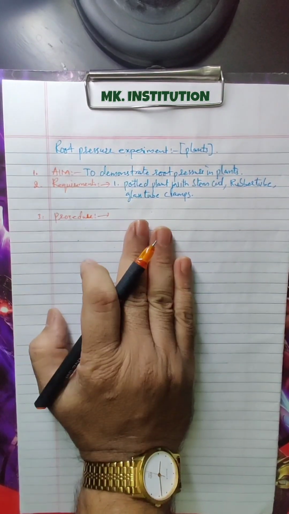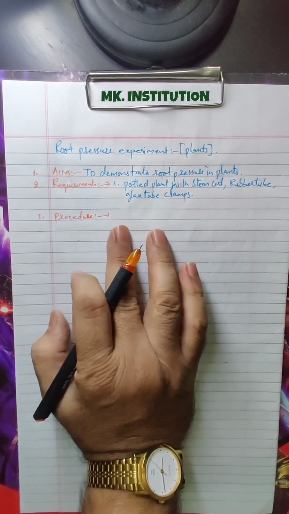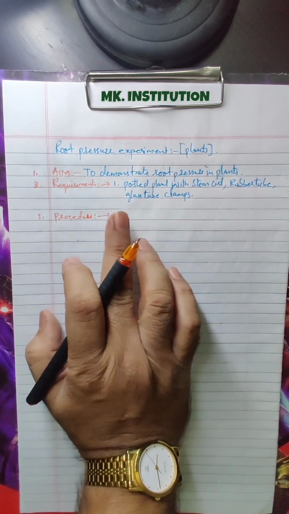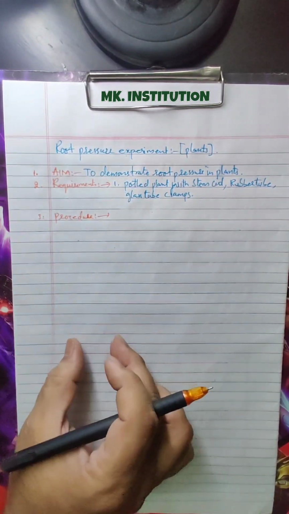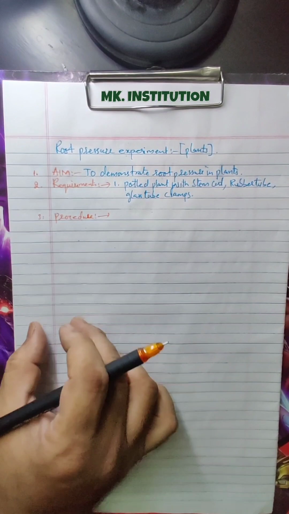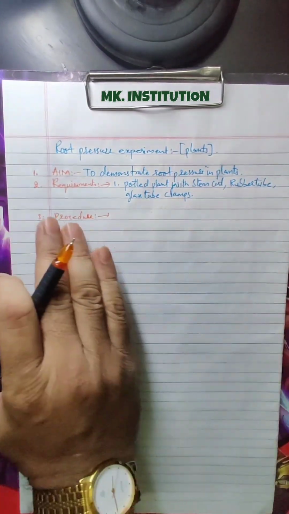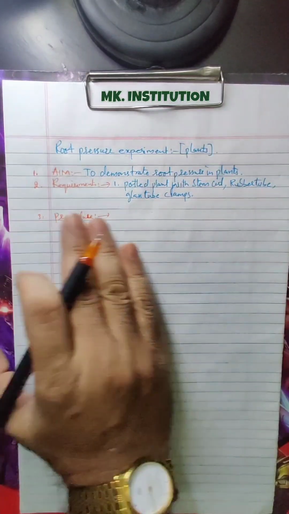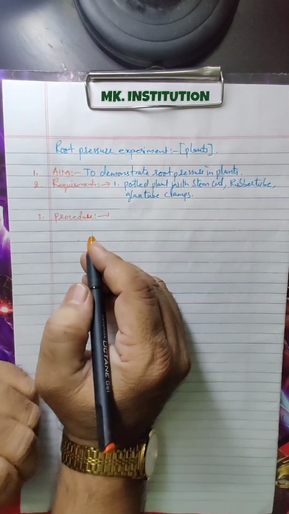In experiment-based questions, they can ask you to write the procedure or observation, or ask what the requirements, observation or result for this experiment are, or ask you to explain briefly about root pressure or demonstrate root pressure. Clear?